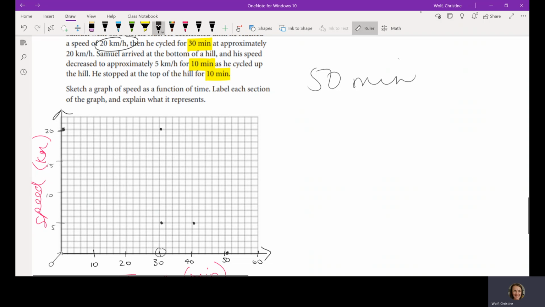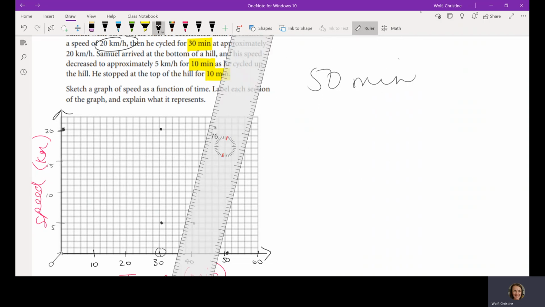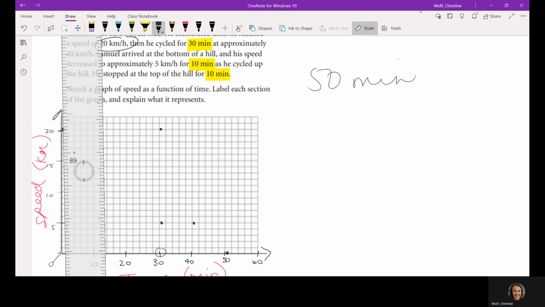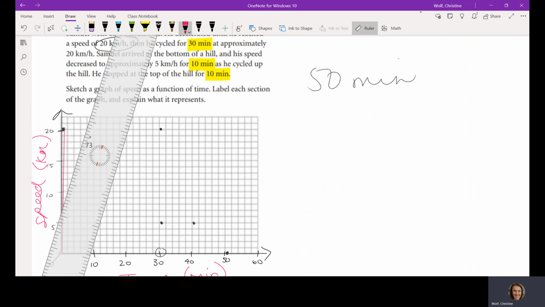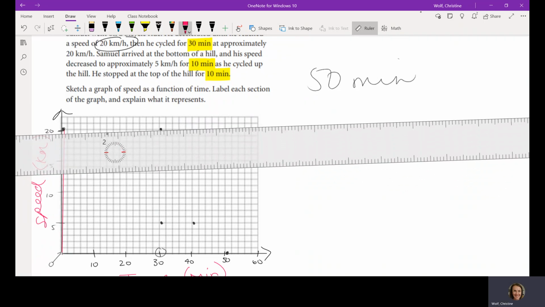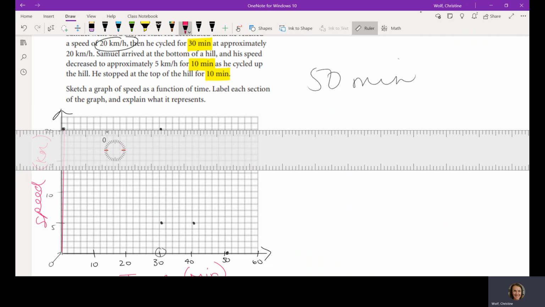Now what we do is we just connect our segments. So he starts at 0. I'm going to change my color here. Starts at 0 and he accelerates pretty quickly. Then he is at a speed of 20 kilometers an hour for 30 minutes.